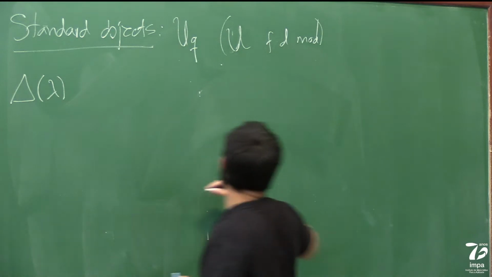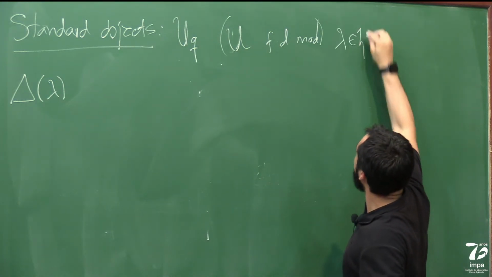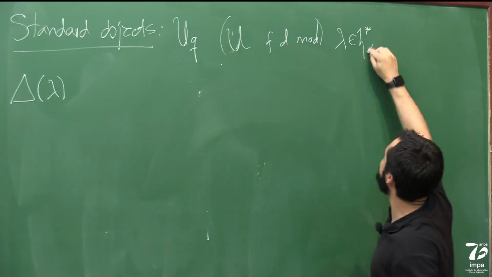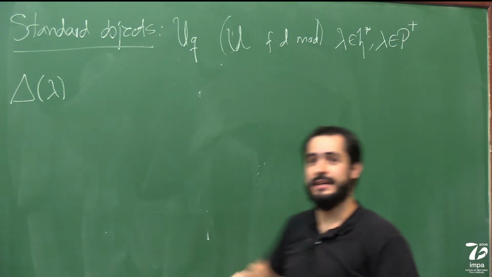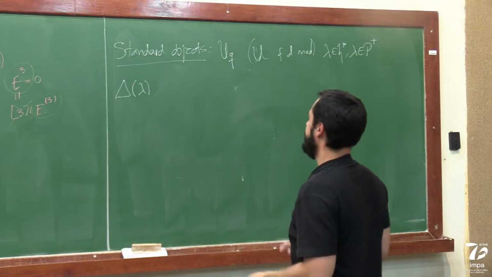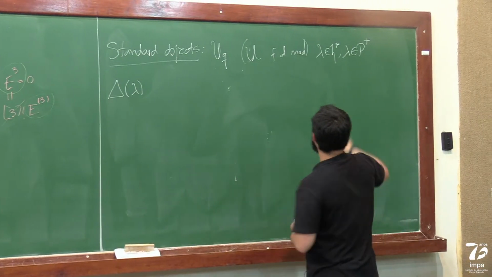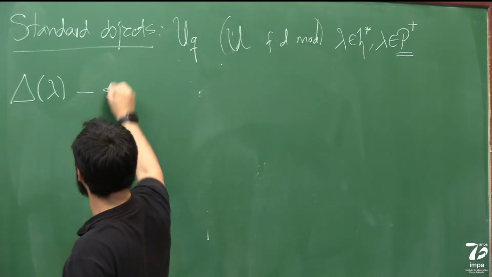Now, who is lambda? If I'm in the general case of a semi-simple Lie algebra, lambda is just a weight, as usual. But in this case, it's possible to prove that I just need integral dominant weights. I don't need all the weights like in the semi-simple algebra. I just need integral and dominant weights.